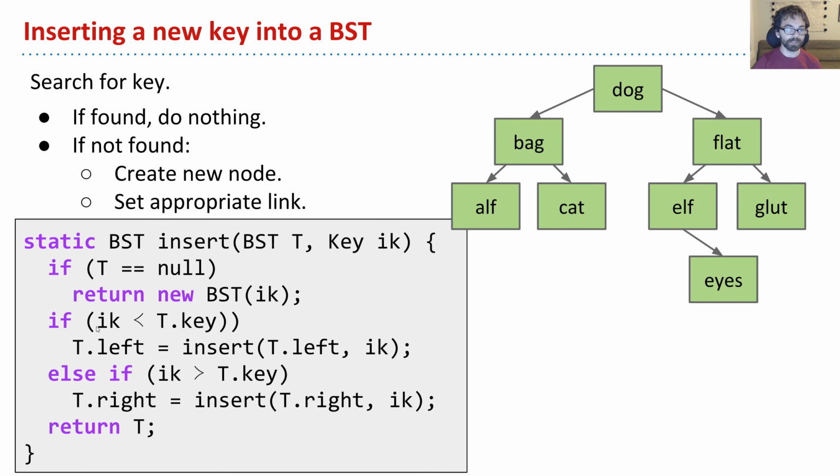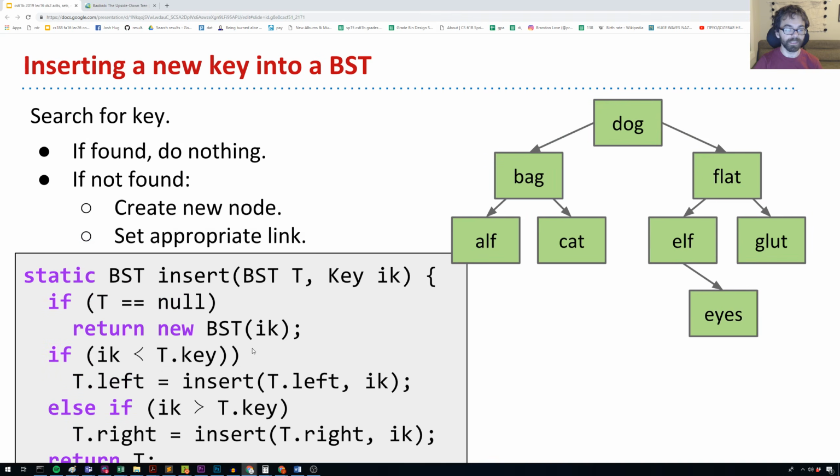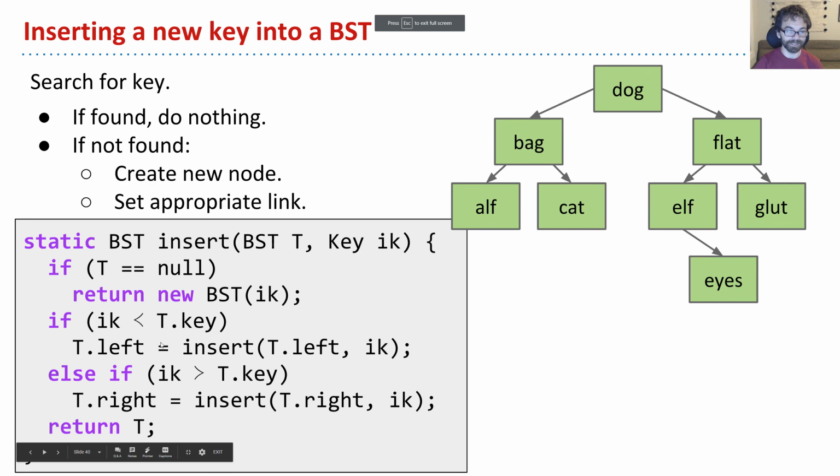So if the insertion key is less than the current key, jeez, let's fix some typos in the middle of the lecture, it's no good. Anyway, if the insertion key is less than the current key, for example, we're looking to insert eyes and we're at flat, in that case, we're going to insert into the left tree, and we're going to say t.left equals insert t.left the insertion key.